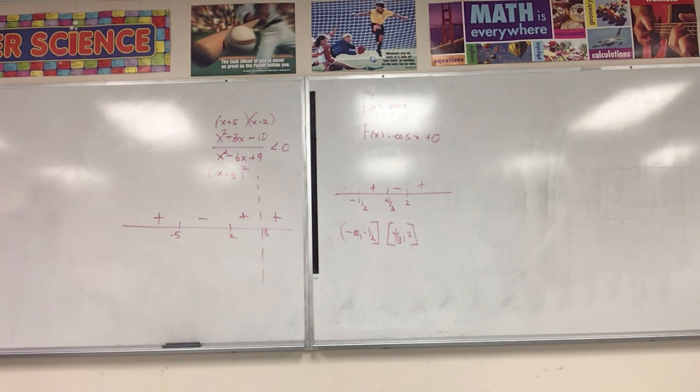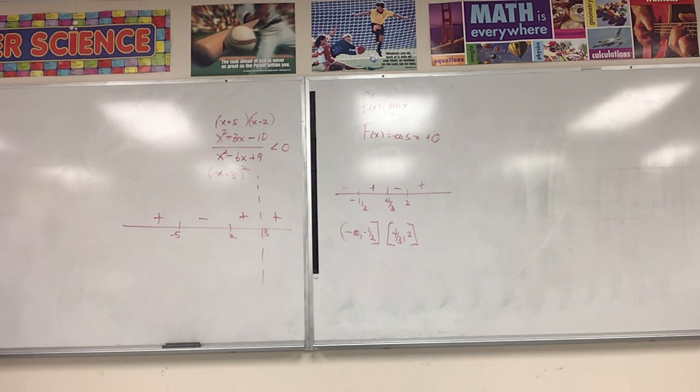They're asking me where am I 0? Negative 5 and 2. Where am I undefined? At x equals 3. Where am I positive? Negative infinity to negative 5, and 2 to 3, not included, and 3 to infinity.